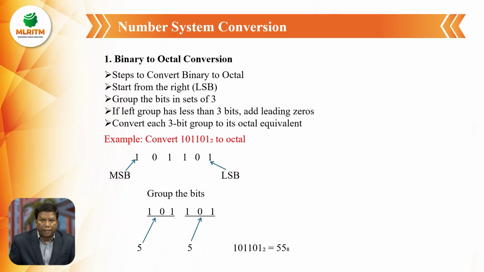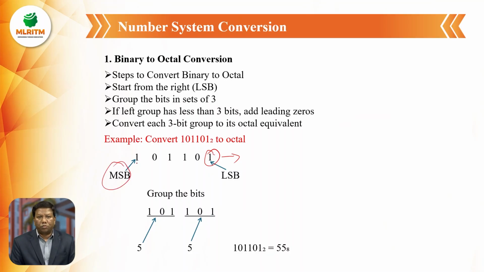First one, binary to octal conversion. Here are the steps to convert binary to octal. First step, start from the right. LSB is the least significant bit, having the least weight.